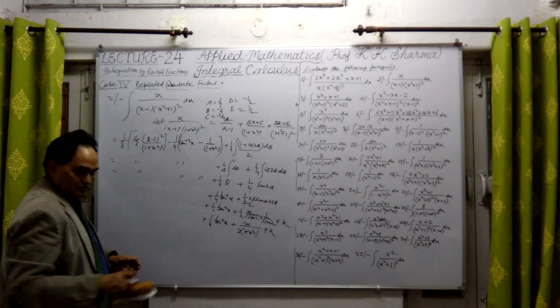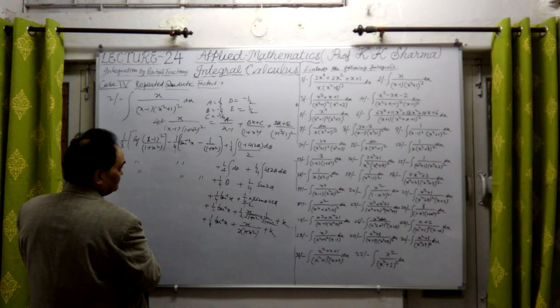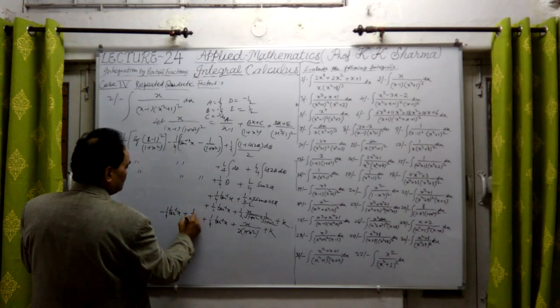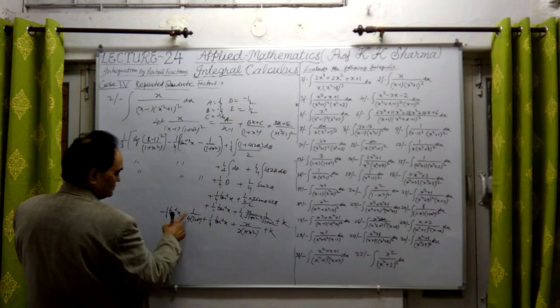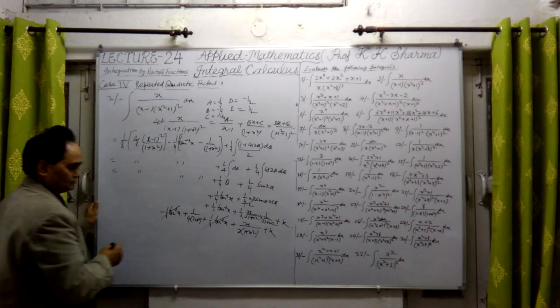This value, and the previous value, this is minus 1/4 tan inverse x, cancel out I think. So this is minus 1/4 tan inverse x plus 1/4 into 1 plus x square. These two are cancelled out.